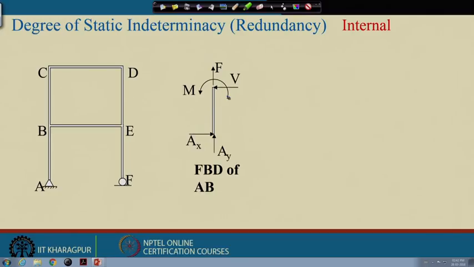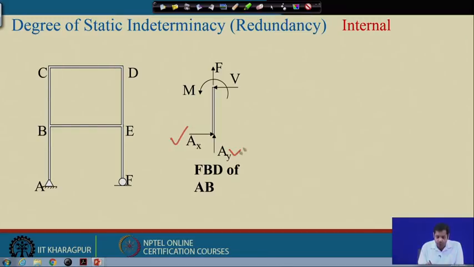Ax and Ay are known, because we have already calculated the support reactions, as the structure is not externally indeterminate. So, in this free body diagram the only unknowns are M, F and V.